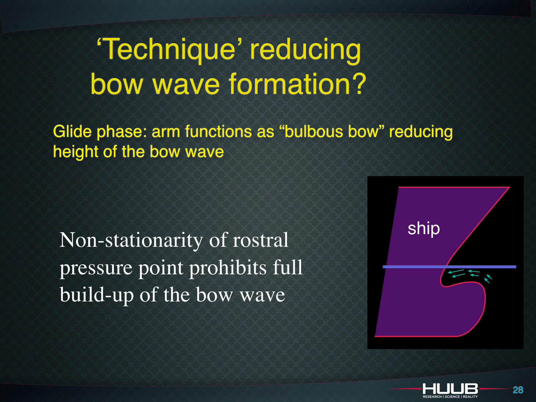And so therefore the pressure point is also moving about, and therefore it inhibits build-up like it would build up in a stationary situation of a ship. So the non-stationarity of the rostral, the forward pressure point, prohibits full build-up of the bow wave, probably.